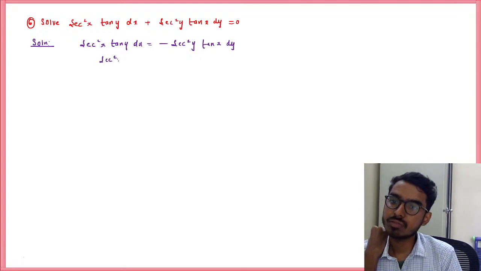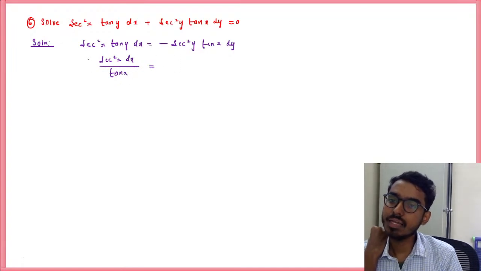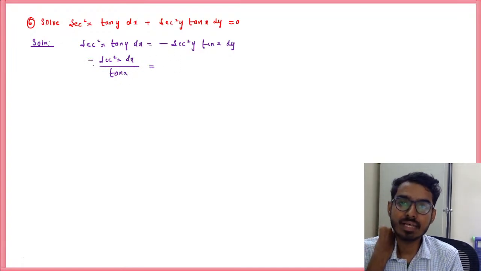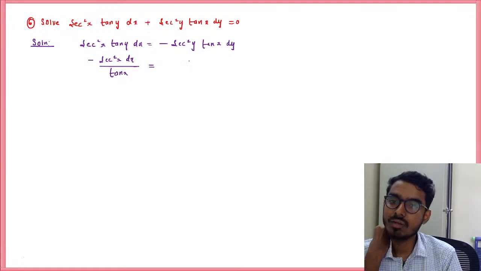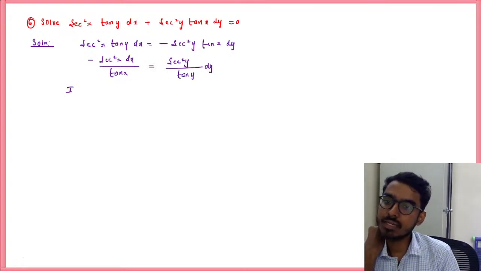Secant square x dx divided by tan x. You always keep this minus in the dx term, right? Here we have secant square y divided by tan y dy, right? So integrate this.